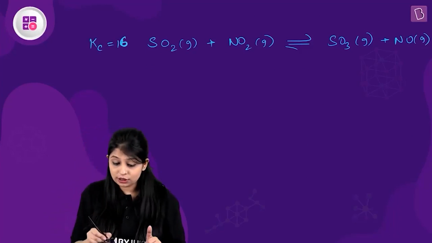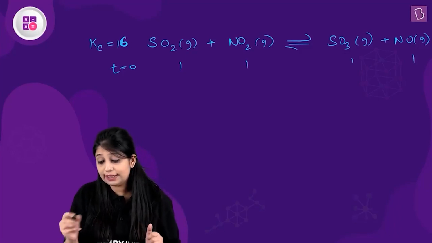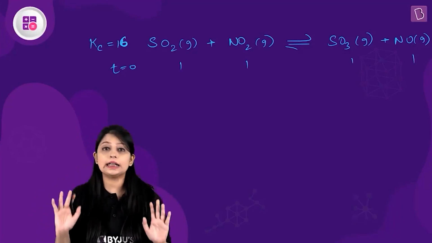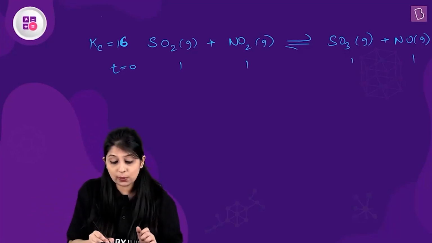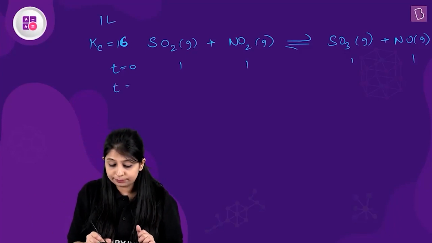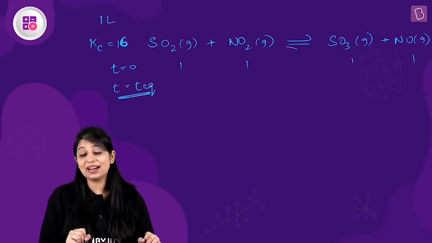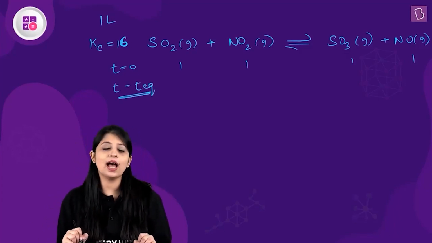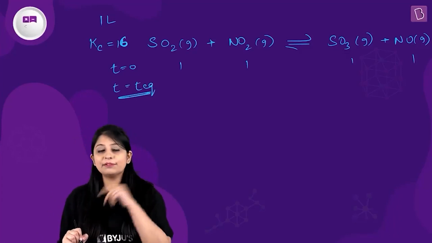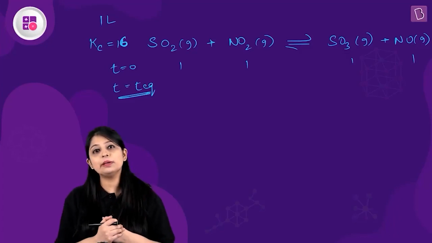Initially at t equal to 0, we have 1 mole of each of these gases in our 1 liter container, right? What would happen at equilibrium? But before that, can we tell what will happen at equilibrium before knowing in which direction this reaction will be going?